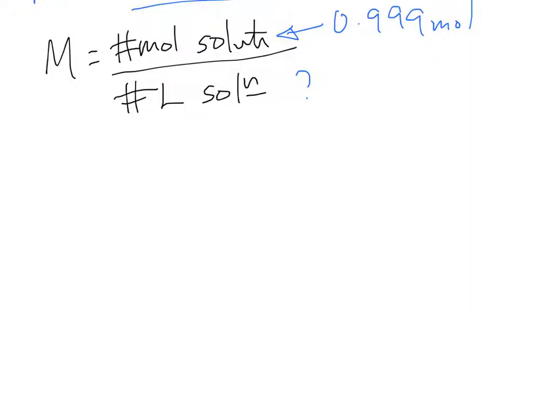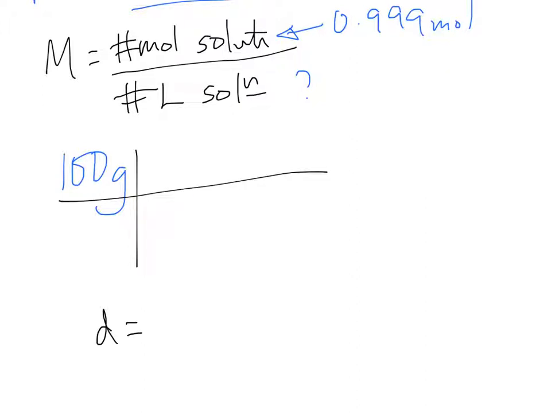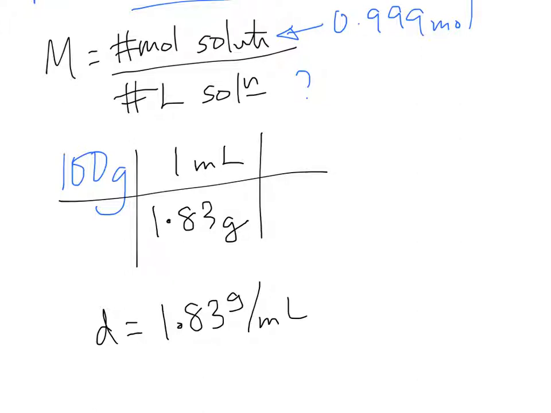Well, we took 100 grams of our solution above, and since concentrations are intensive, it really doesn't matter how much we take. And we've got the density in the problem, and the density is 1.83 grams per mL. So that means that we can use density as a conversion factor. Since there is 1.83 grams in 1 milliliter, we can just convert that.